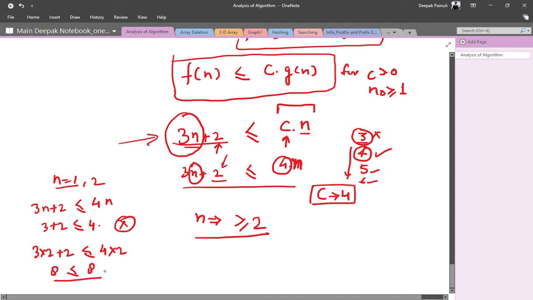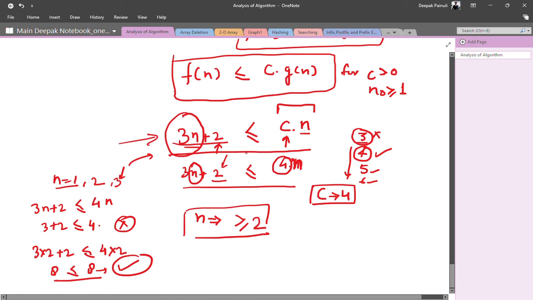So in the case of n equals 2, it is satisfying our relation, right? Got my point, guys? And even if you take 3, you can check, for 3 also this equation will hold true.